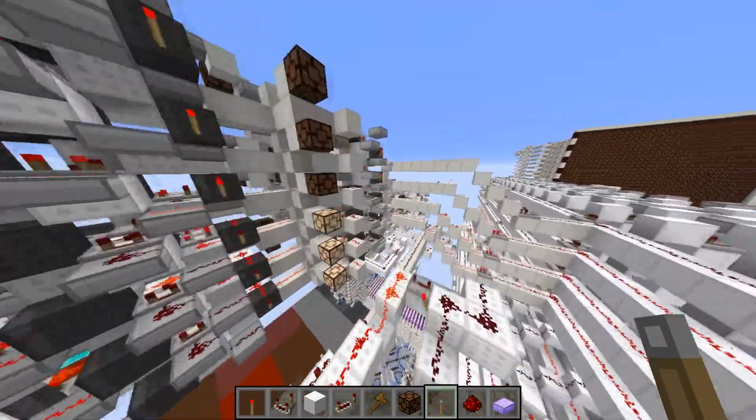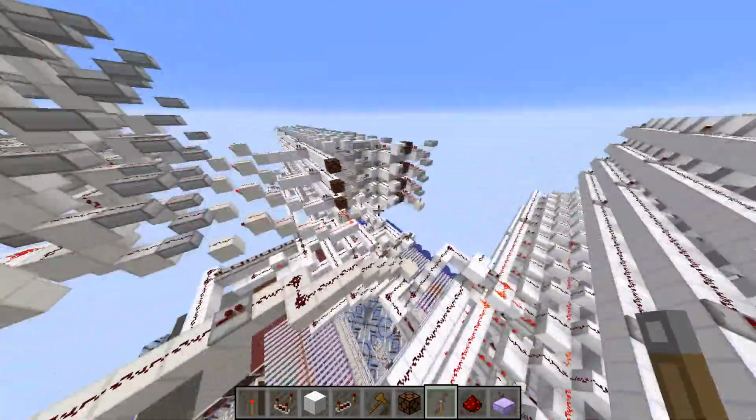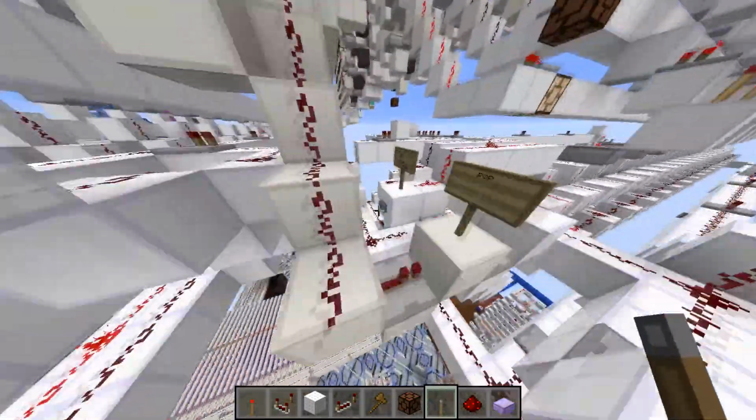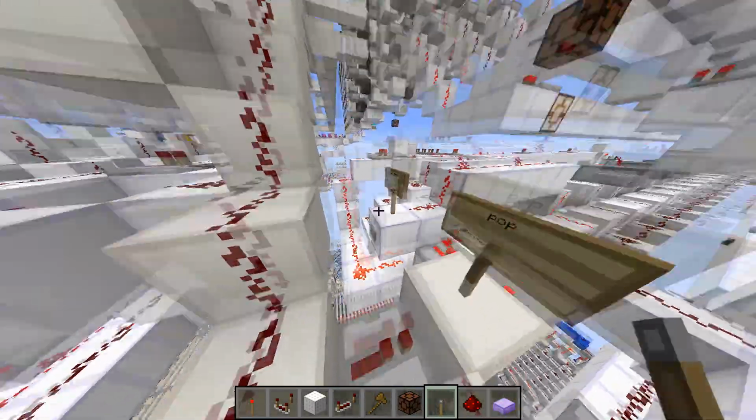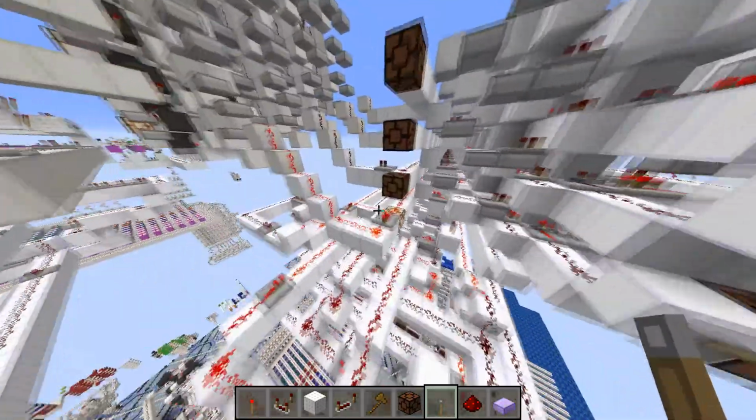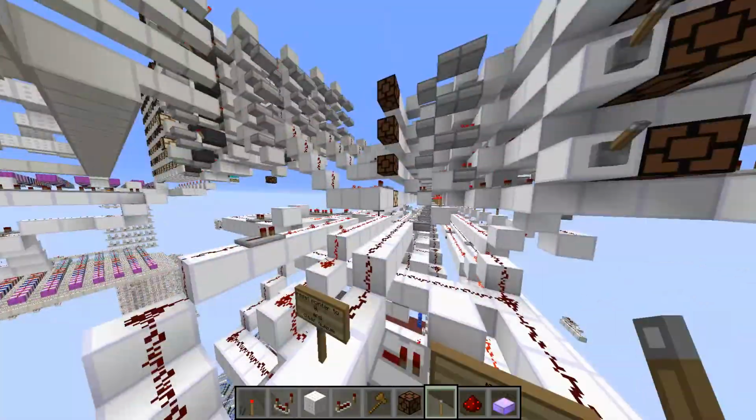Anyway, what we're going to do is calculate the squares of numbers. To do that, we're going to reset this, and it's going to clear everything to 0.